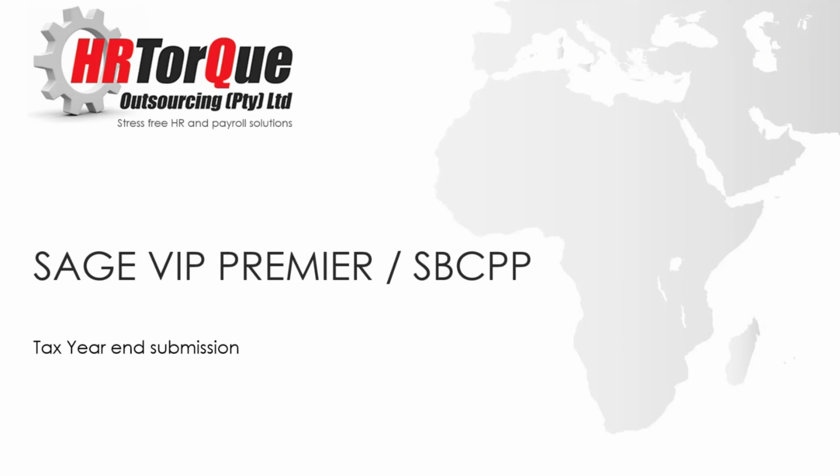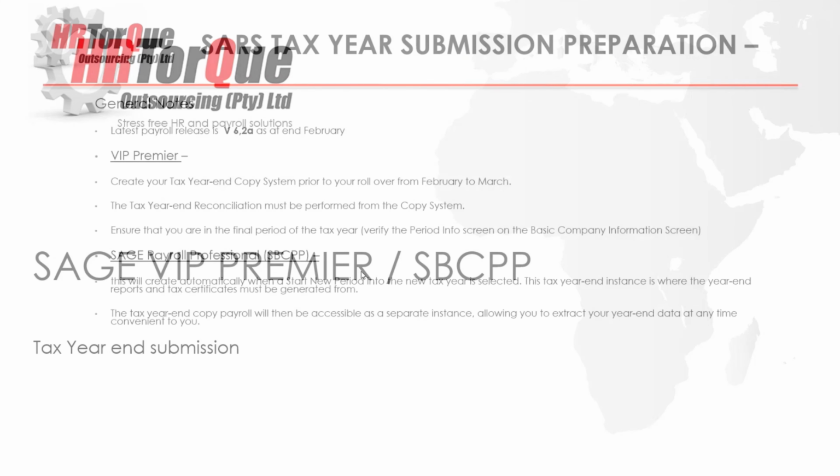With the Sage products, they generally have a nice flow of steps to follow. So unlike the Sybiz product, which is a little bit more, go and get the reports that you want, they seem to have a nice flow or a wizard kind of scenario for you to use. Okay, so let's get into that.